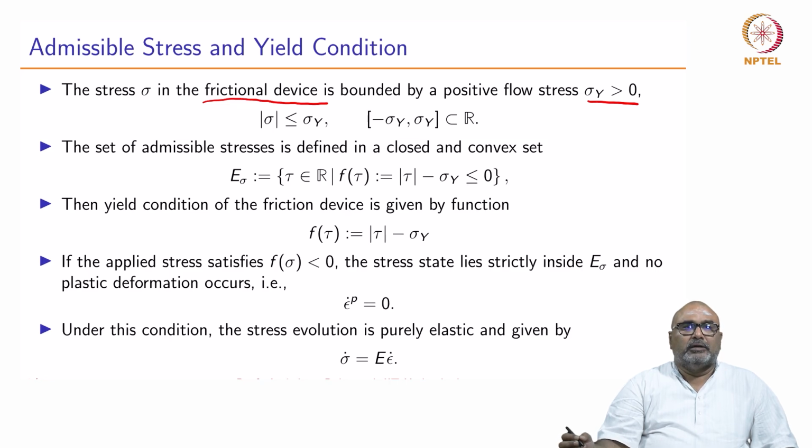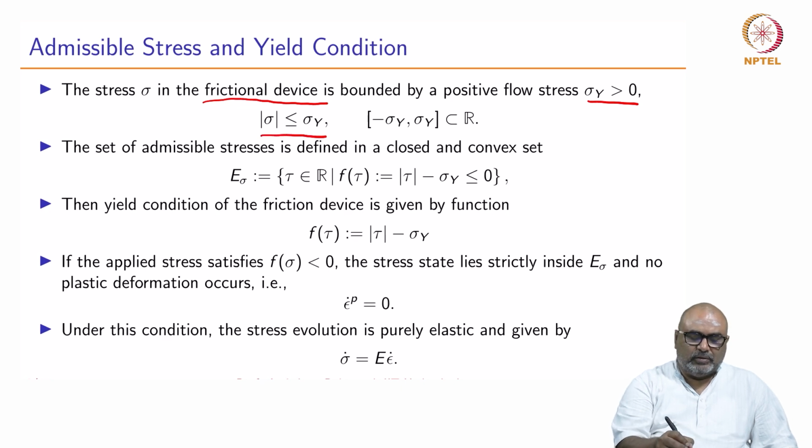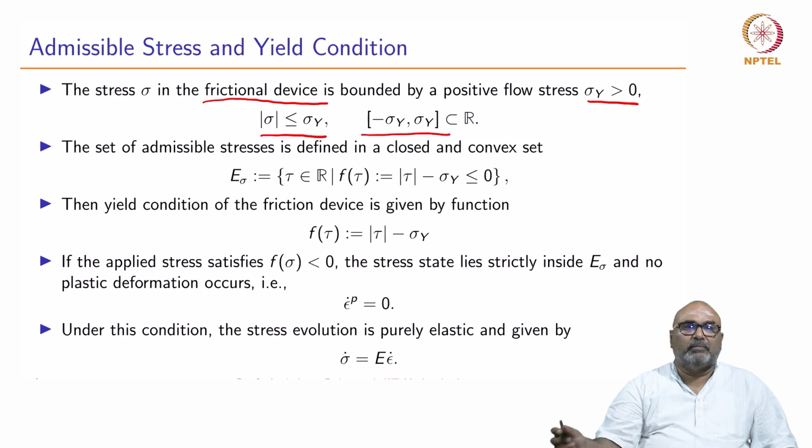The elastic spring is going to dictate what is the set of admissible stress. So, when sigma is less than or equal to sigma y, in the closed interval minus sigma y comma plus sigma y, the frictional device is bounded by a positive flow stress sigma y greater than 0.